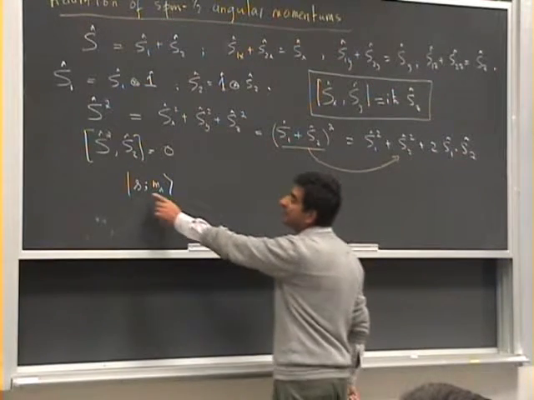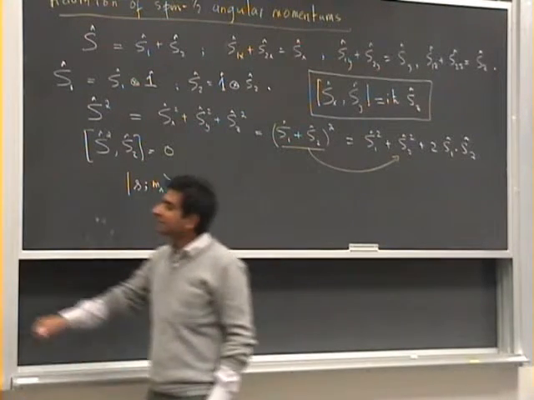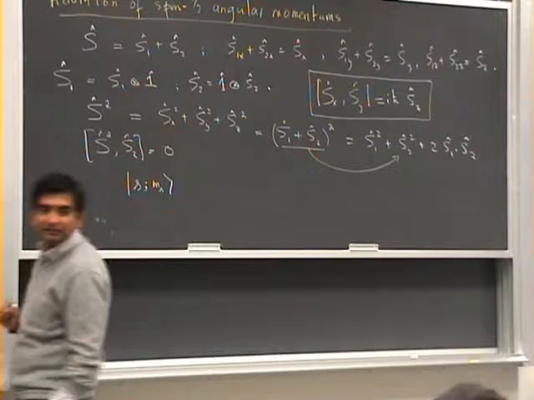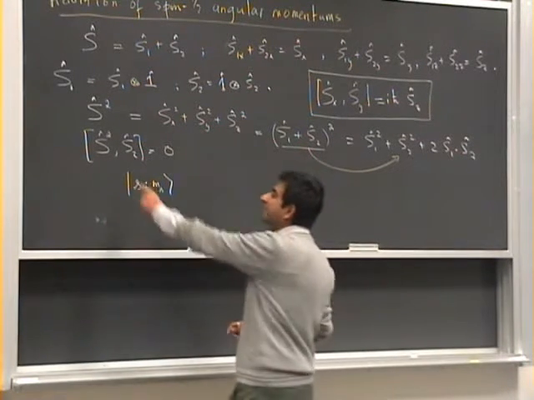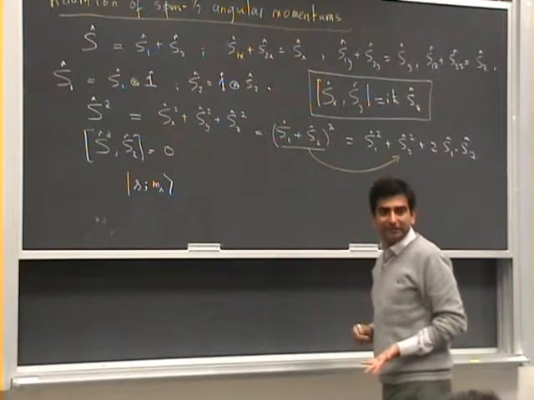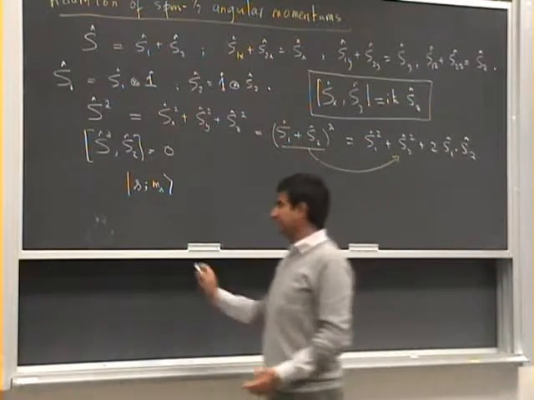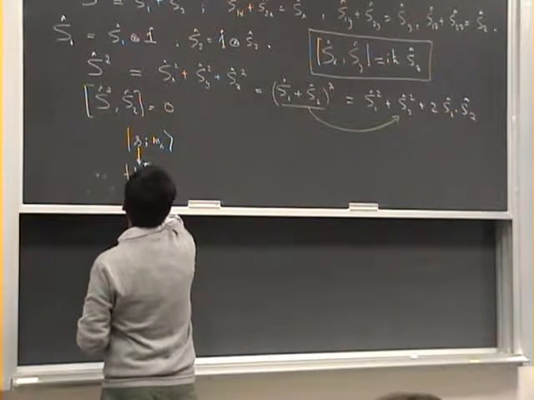Okay, now I'm using a semicolon so that you don't confuse it with the product states that I've written here. Okay? So the joint eigenstates of S square and SZ are denoted by S semicolon MS. Now, this is the total spin quantum number, the total angular momentum.